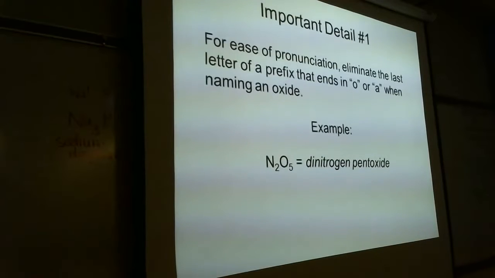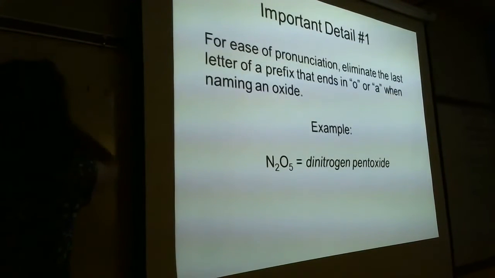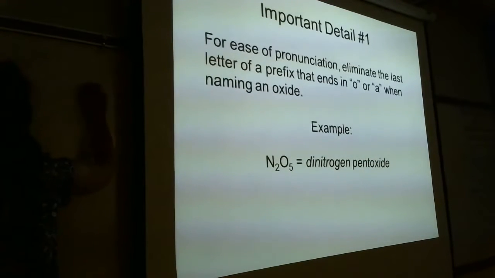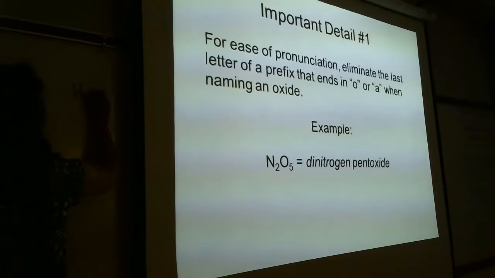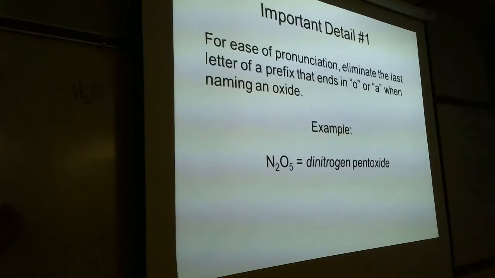Does this make sense? So if we were naming water, let's just practice. H2O, right? Water has covalent bonding. Water's not got ionic bonding. It's very, very much covalent bonding. So what prefix goes with 2?